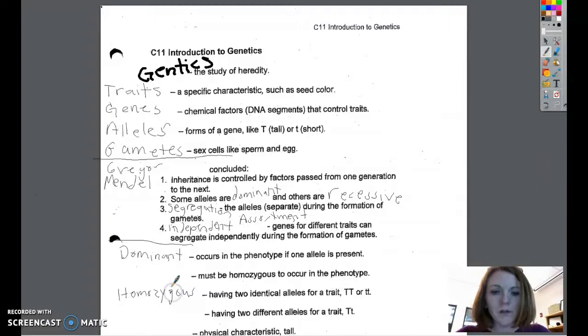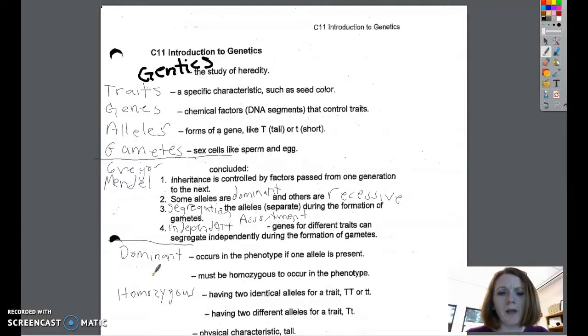All right. So, if we're looking at the difference between dominant and recessive, when we have recessive, so lowercase letters, we need two of them to be the same in order for that trait to come out. So, let's think big T, little t is tall and short. If I have two big T's, and big T stands for tall, then that person could be tall, or that plant, or whatever.